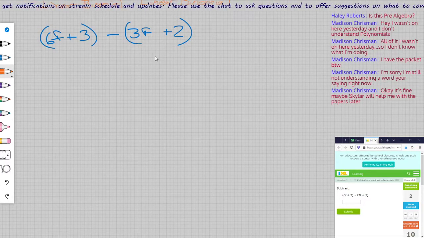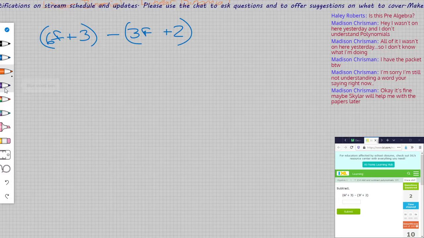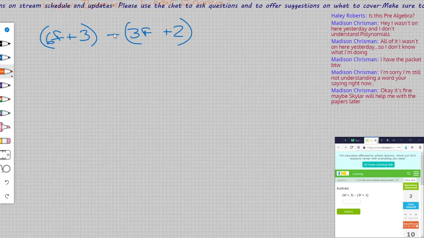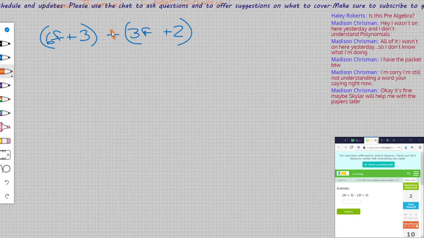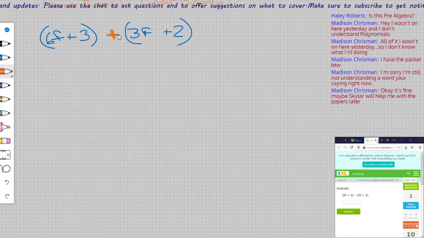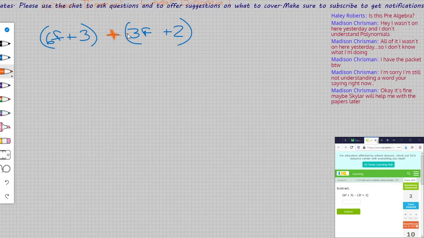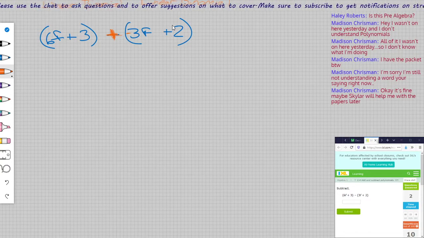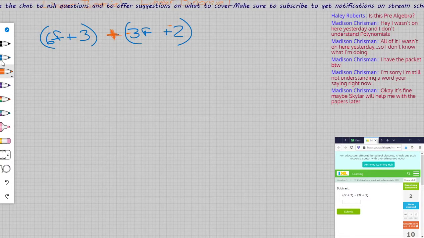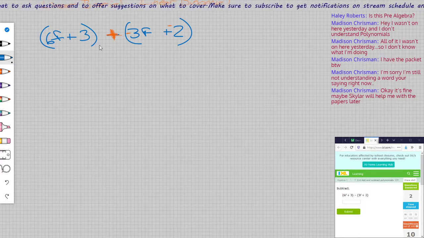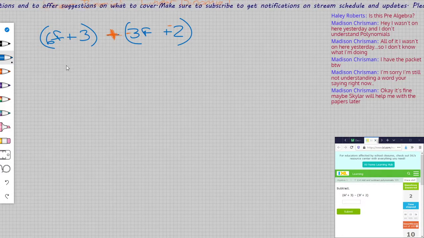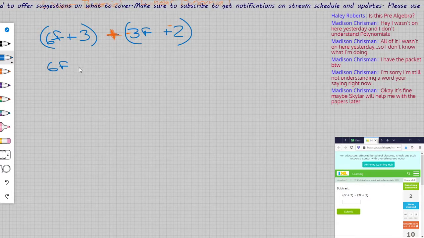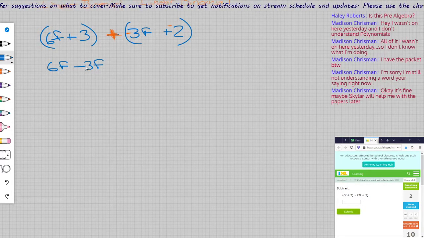Alright, now when I said with subtraction, the method that I recommended is adding the opposite, so I would make this an addition symbol. Make this a negative. Make this a negative. And then I'm going to write out how you would see that. So 6f minus 3f.